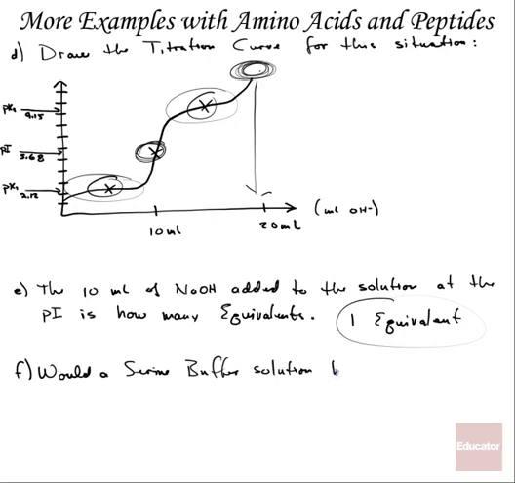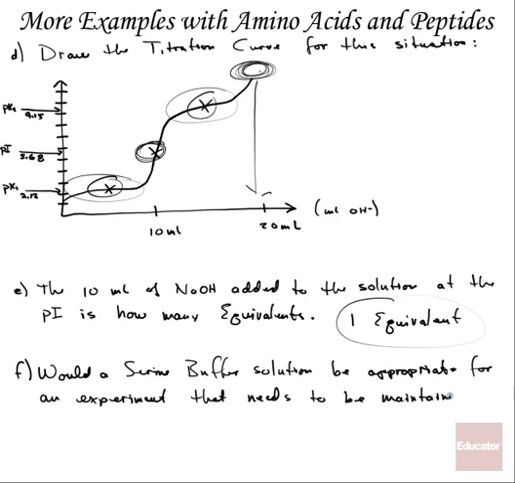Would a serine buffer solution be appropriate for an experiment that needs to be maintained at a pH equal to 8.7?